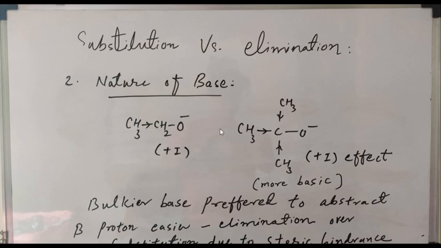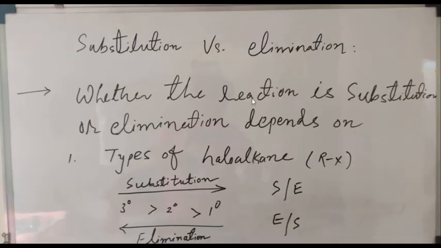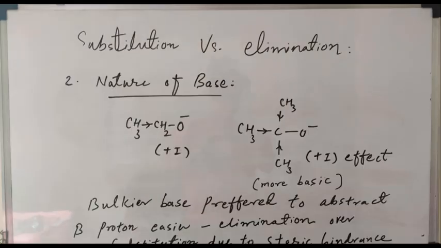Tertiary butoxide has the larger size, so due to its bulkier group, it would take away hydrogen easily rather than undergo the substitution reaction. In the case of ethoxide, if it is a primary halide, then it undergoes the nucleophilic substitution reaction.